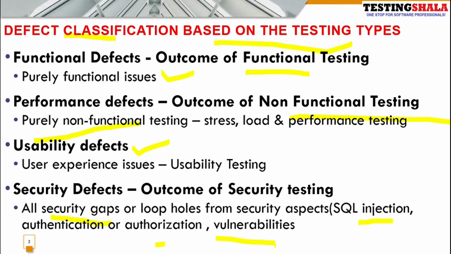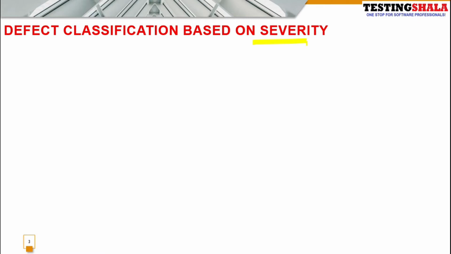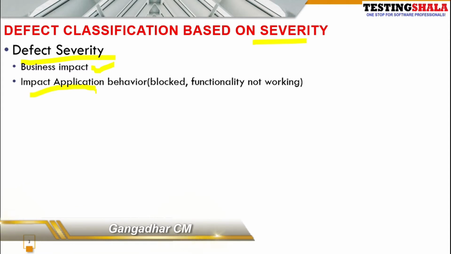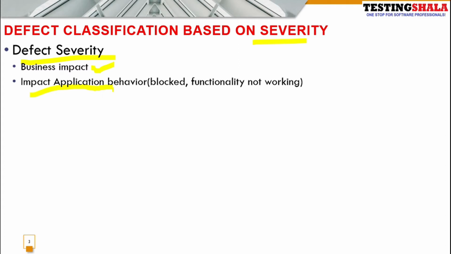The next type of defect classification is done purely based on the severity of the defects. First of all, let us understand what defect severity is all about. Defect severity is categorized purely based on the business impact due to that defect. What is the application behavior? Whether the application is completely not working, all our testing is completely blocked, or critical functionalities are not working at all.